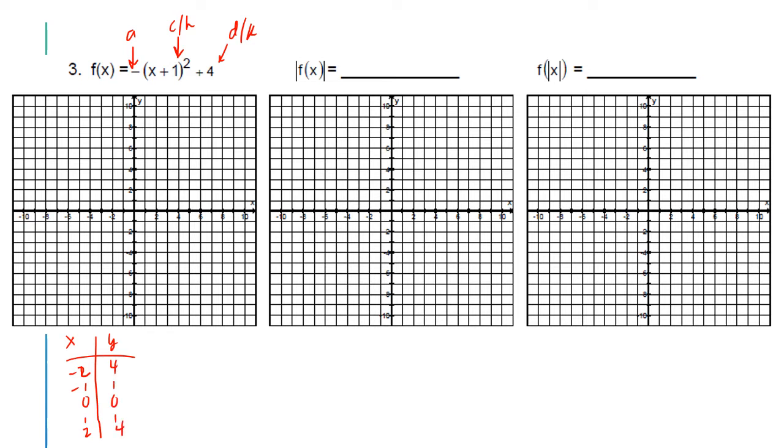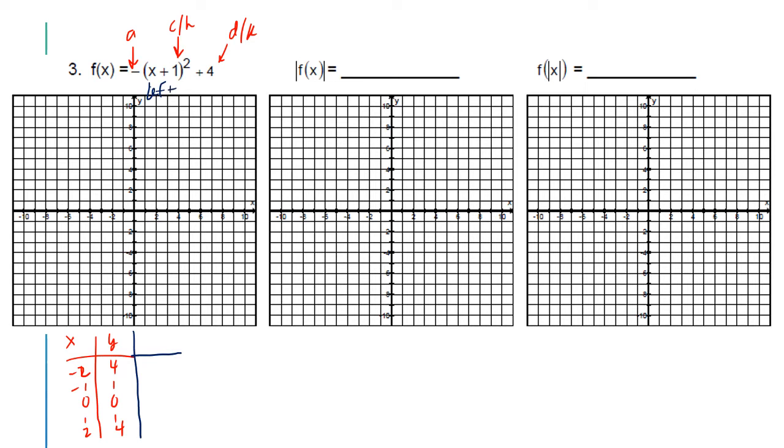Now, because of what I have here, it tells me that a couple things are going to happen. So for my new one, I have +1. So that tells me that to all of my x's, I'm actually going to subtract 1 because our x is a liar. And this +1 says that it's actually moving to the left.